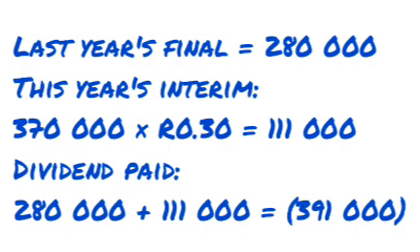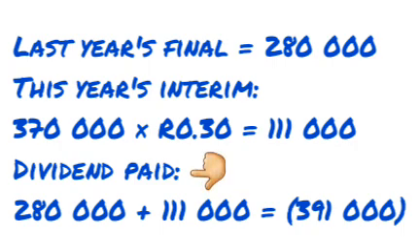So again, to calculate my final dividend paid, I'm interested in last year's final. Why? Because this year's final I'm going to pay next year. So last year's final is 280. This year's interim is 370, the number of shares, multiplied by a dividend of 30 cents, and it gives me 111,000.